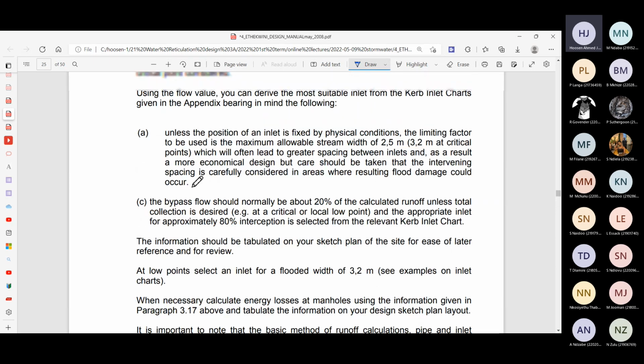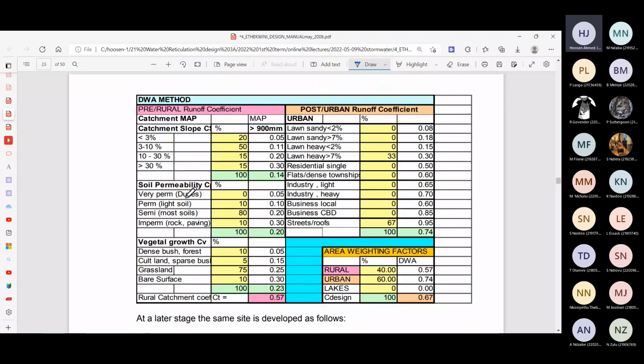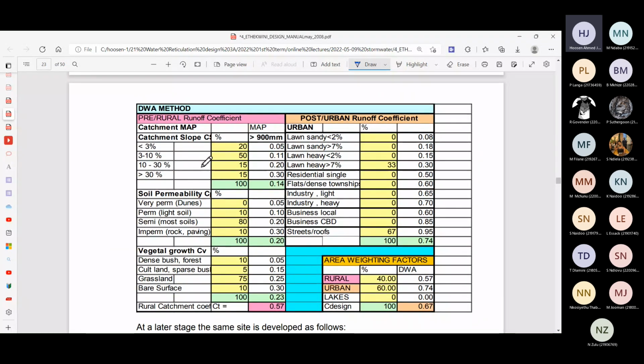So let's go back to the table. I'm just going to go up, three or four pages up here. This is the table in concern. The first one was that value for Cs, the slope coefficient. We see that for less than 3%, we have a value of 0.05. That's the value being used in this particular calculation, 0.05, for less than or equal to 3%.